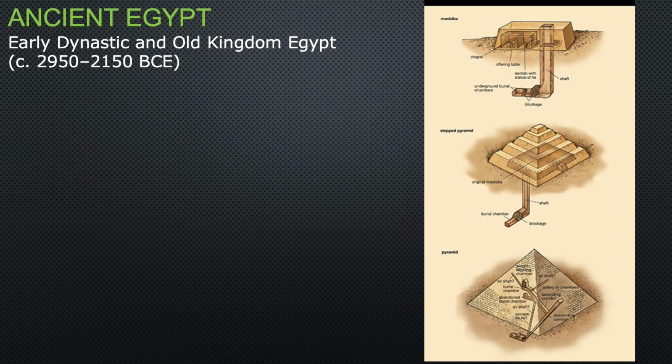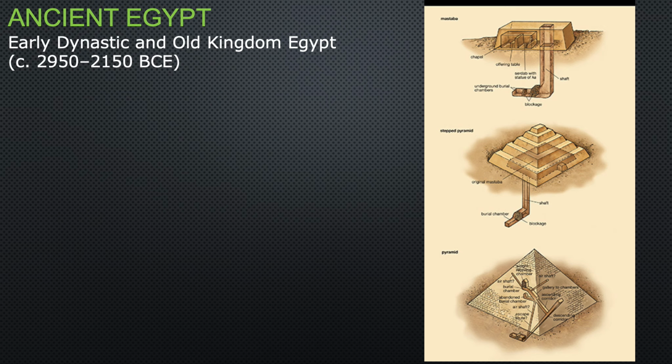Not everybody, certainly not servants or shopkeepers, could probably afford something this elaborate. So we're just really going to be thinking about and talking about what the best funeral arrangement you could have. And that was usually the kings.